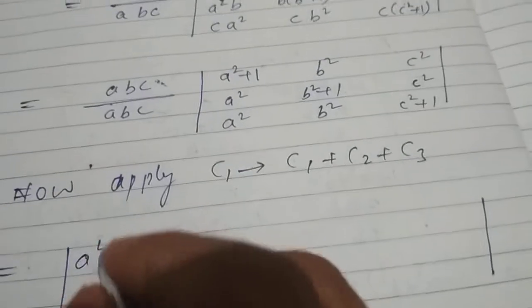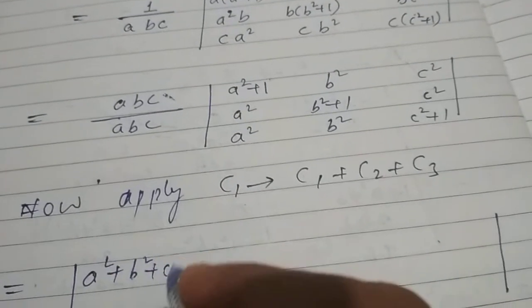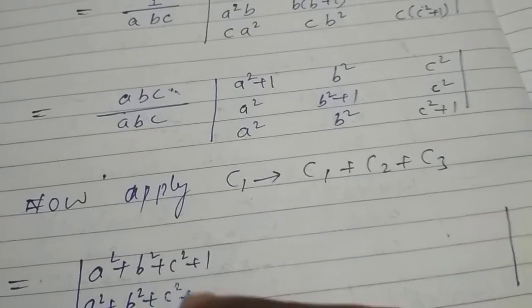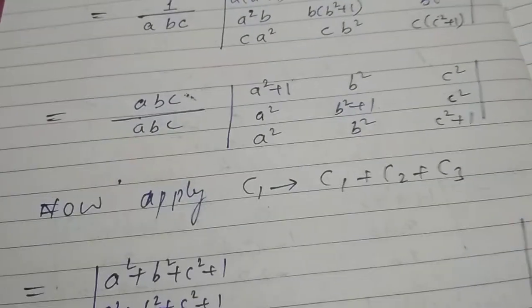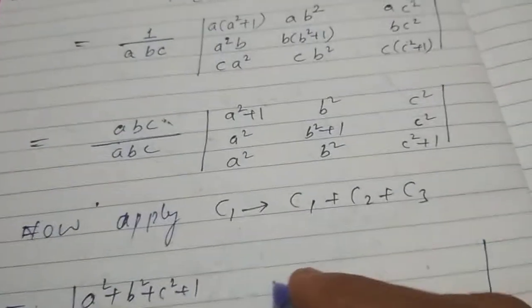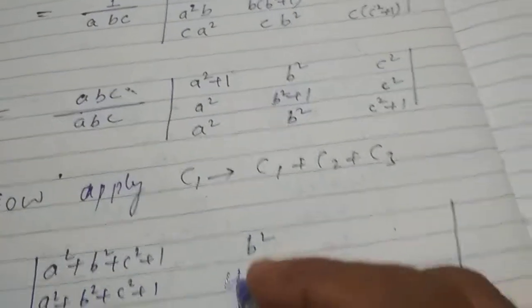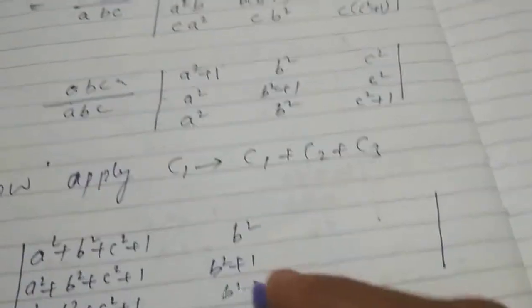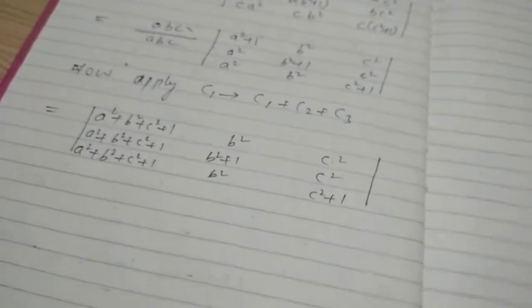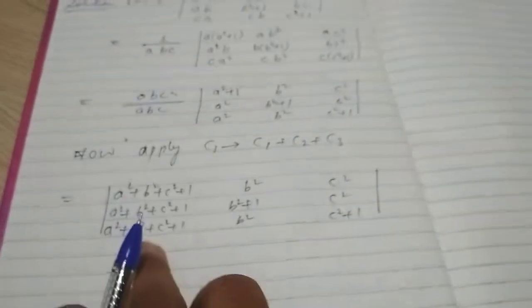So why not write in the same way. Here it will be b square plus 1, here b square, here c square, here c square, here c square plus 1. So then this is nothing but 1 plus a square plus b square plus c square as we require.